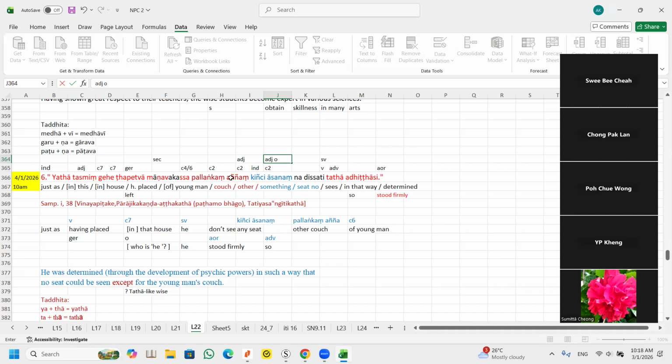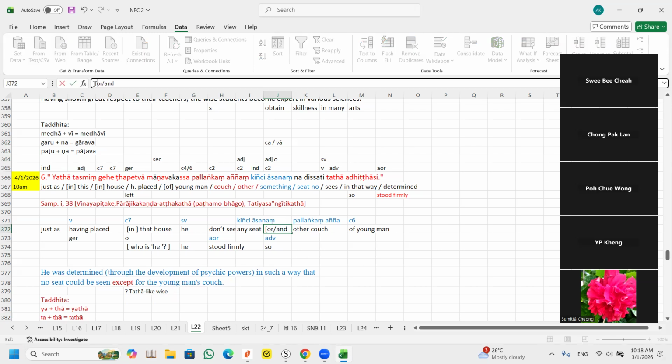And then this is also the same case as this. That means in this case, you can put and or. It's up to you. If you think it's or, you put or. If you think it's and, you put and. Because there is no ca or va there, it's automatically understood. So you can put this one if you think it is necessary. Understand?